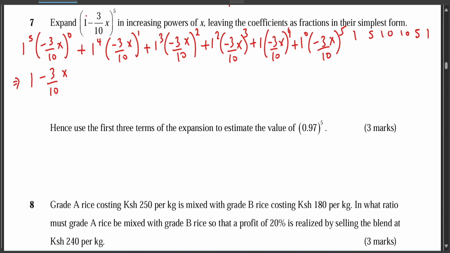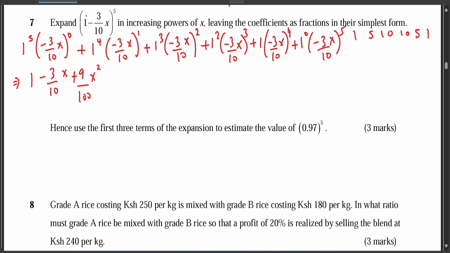The first is positive, the second negative, the third positive, that way. So for the second one, we got negative 3 over 10 x. For the third one, you get positive 9 over 100 x squared.